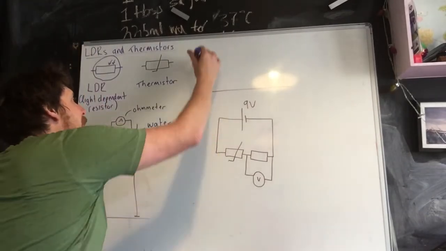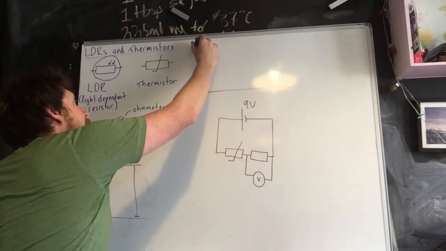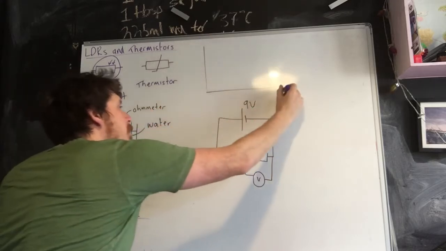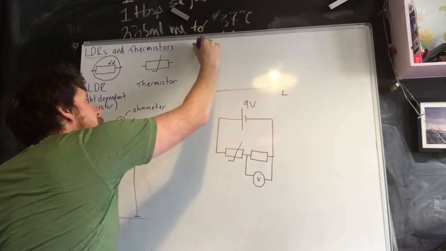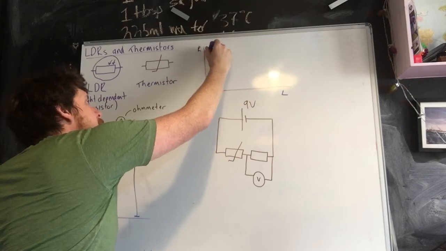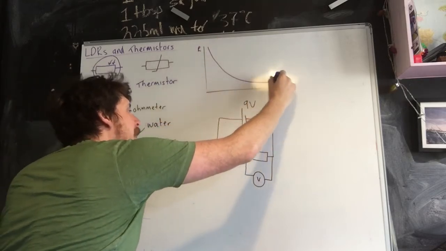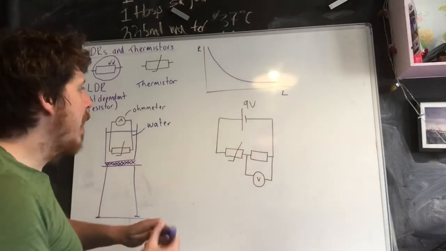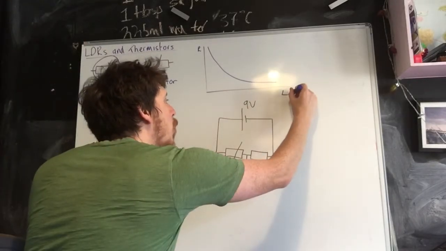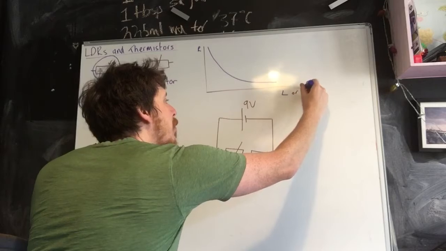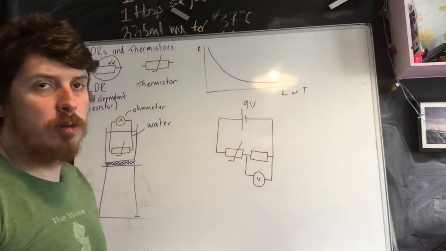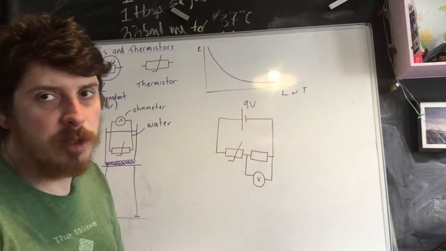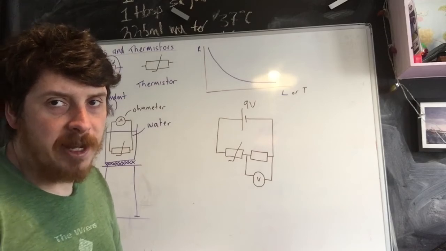So for an LDR, if we have light shining on it and we have the resistance on that axis, then as the light increases, the resistance decreases. It would be the same for a thermistor. So if the temperature goes up, the resistance goes down.